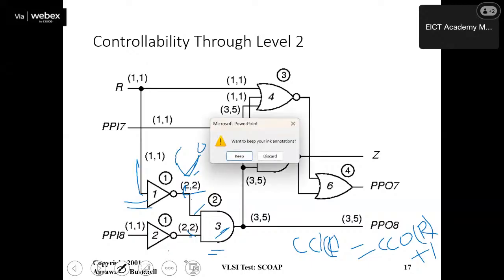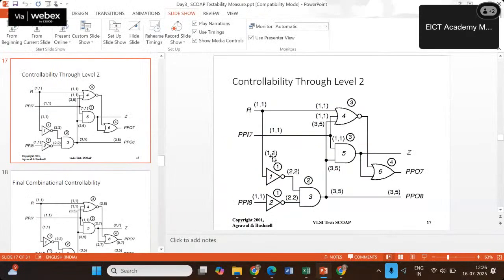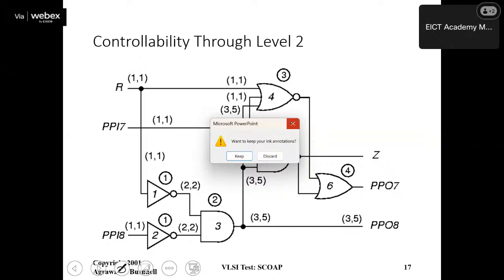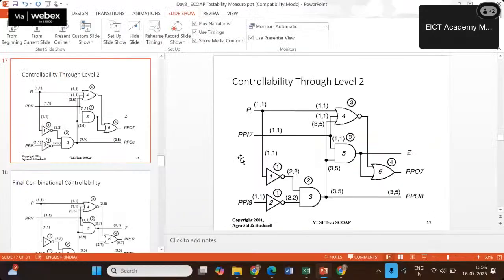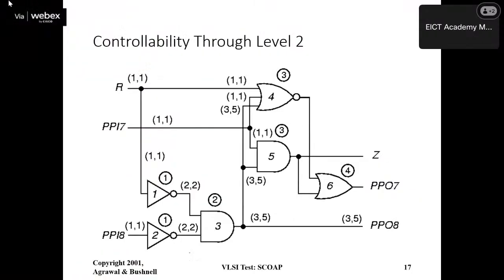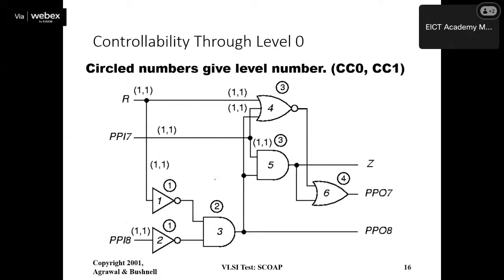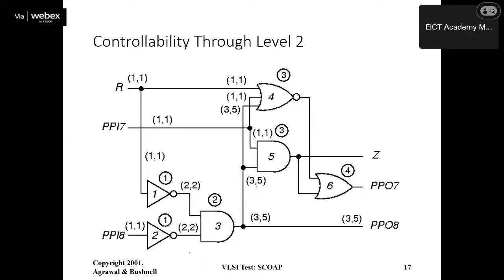So the minimum of CC0 becomes 2 plus 1 for level change.